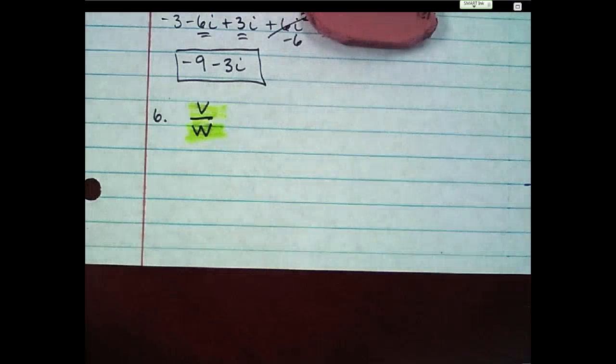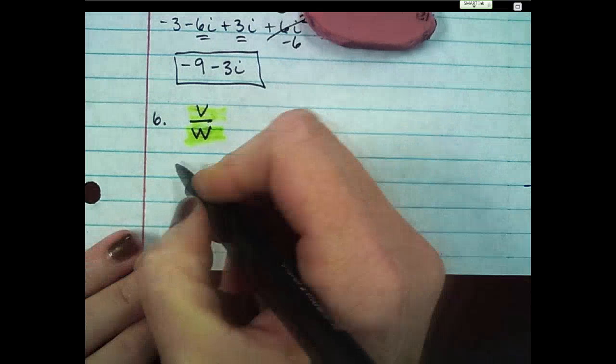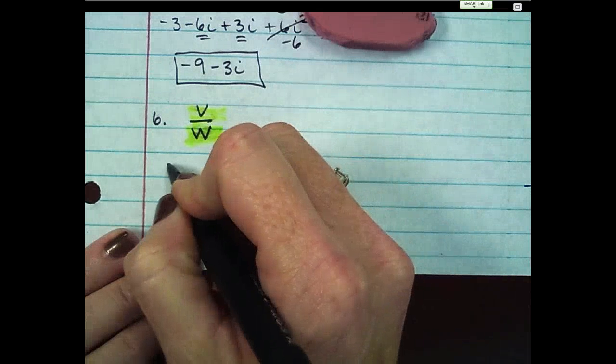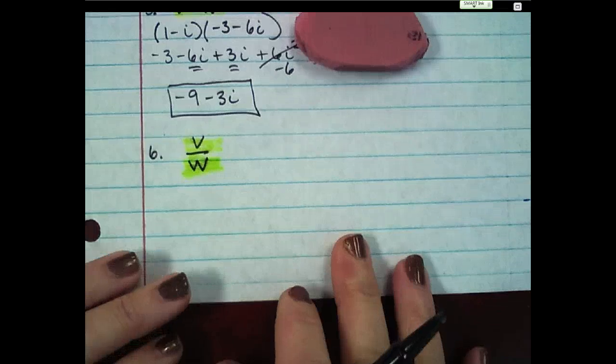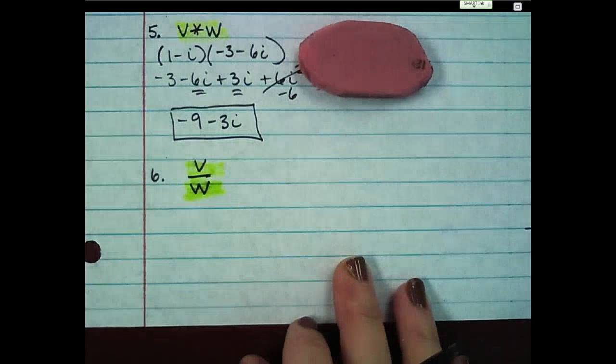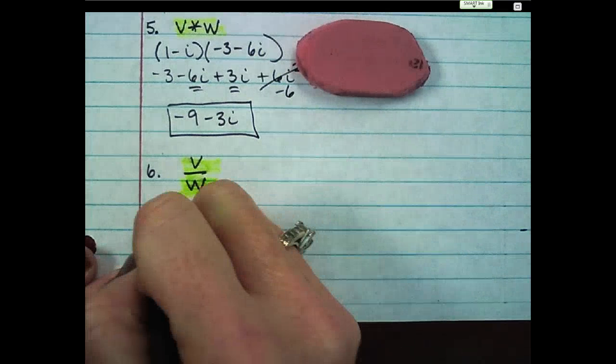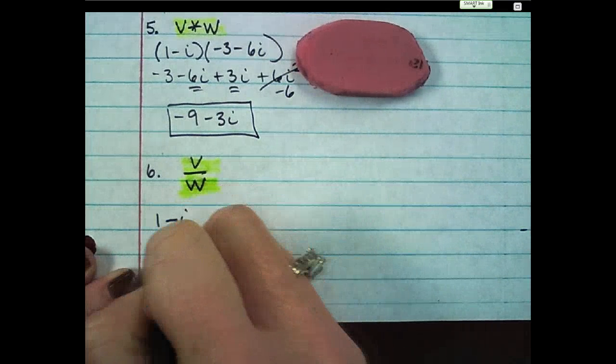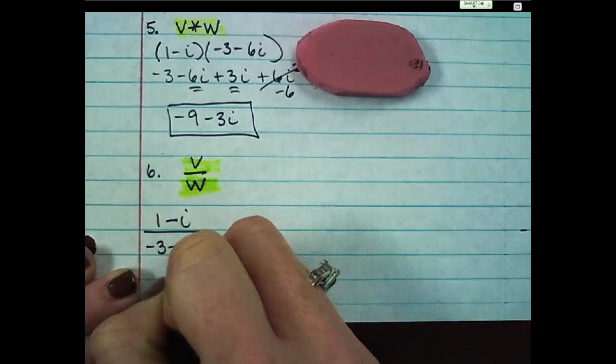V over W. Oh, we already did that, I'm sorry. Did we do V over W? Okay, I'm sorry. So 1 minus i over -3 minus 6i.